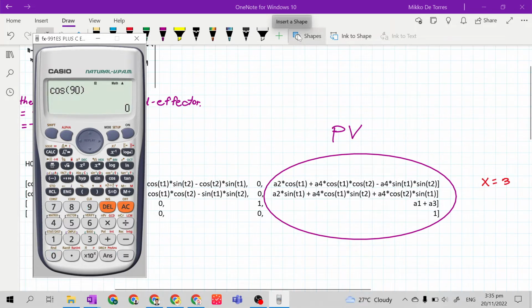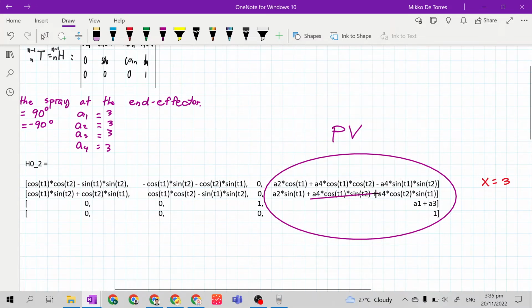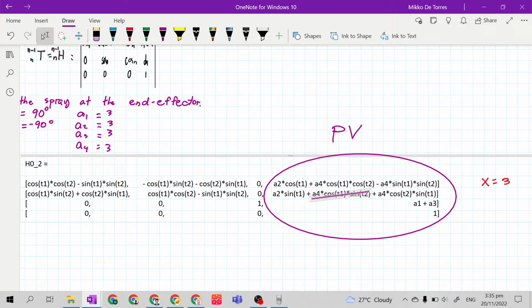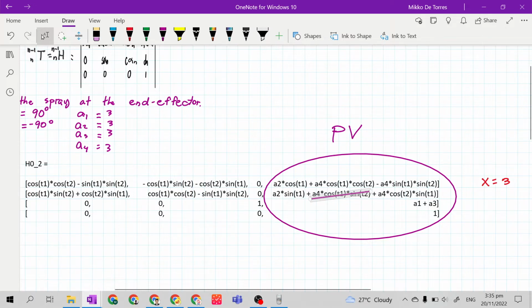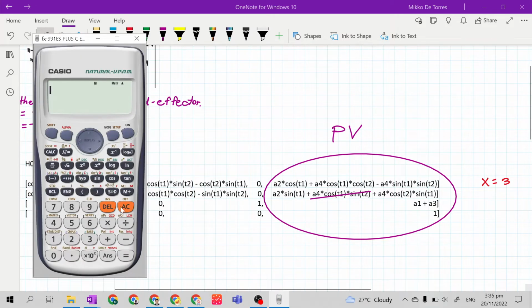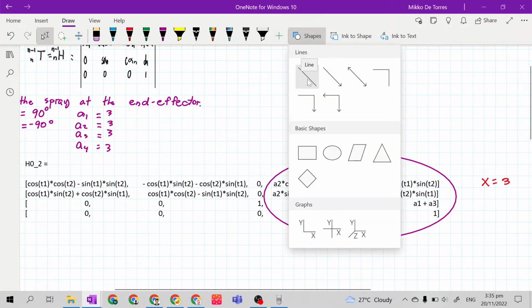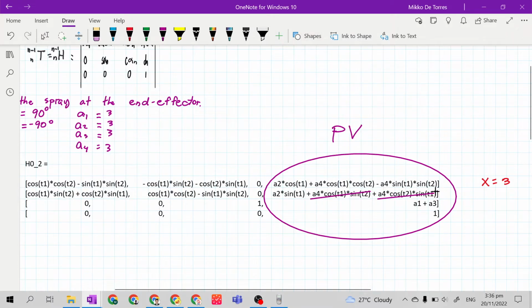So this expression is already cancelled because cosine 90 is 0, and everything you multiply by 0 is 0. Sine 90 is 1, so if a2 is 3, we will have 3 times 1. Cosine t2, cosine negative 90, is also 0, so this is cancelled. So we will have here 3 times 1.